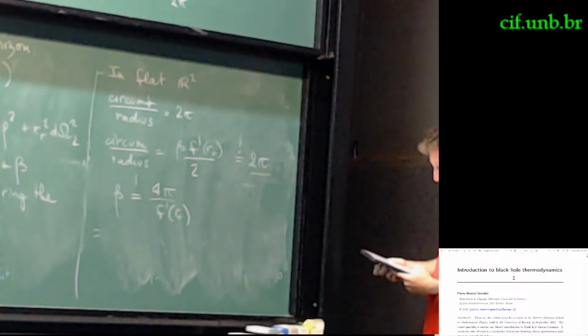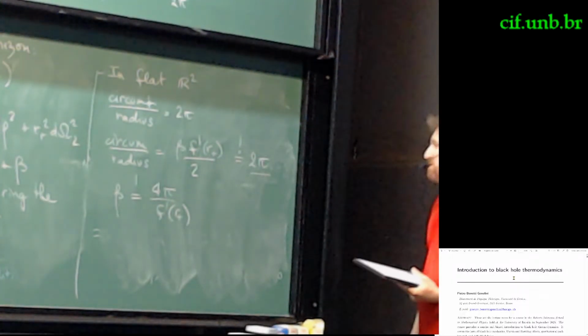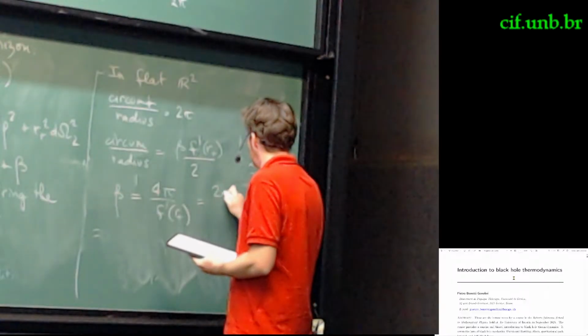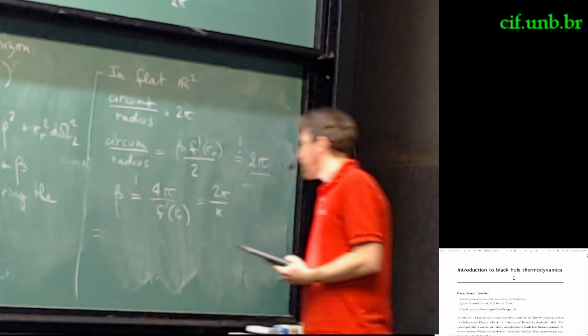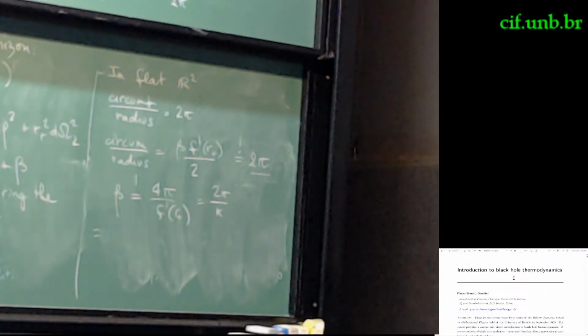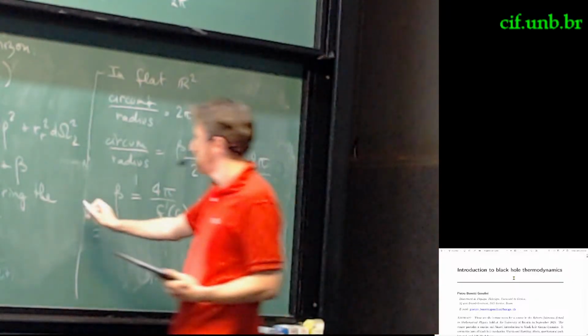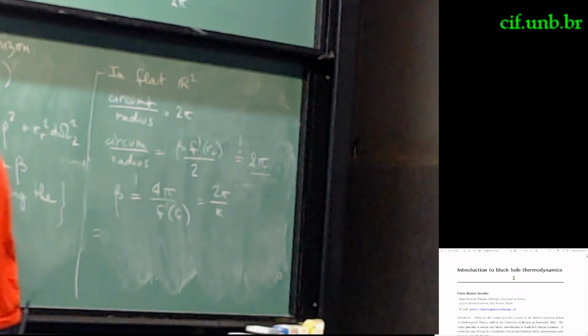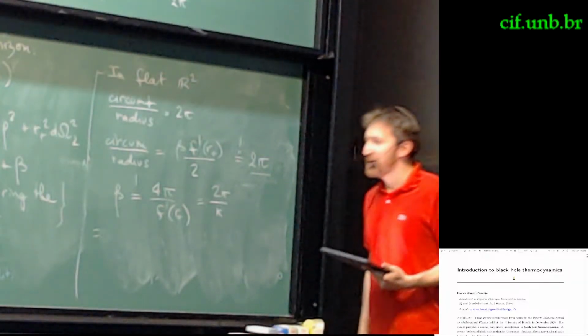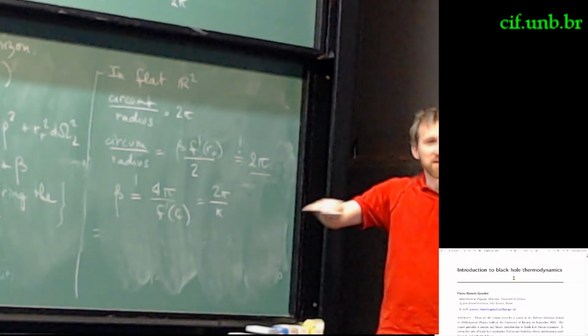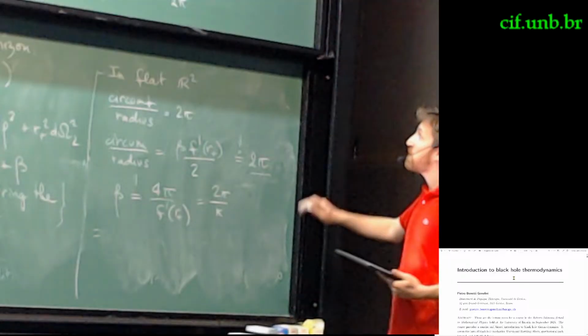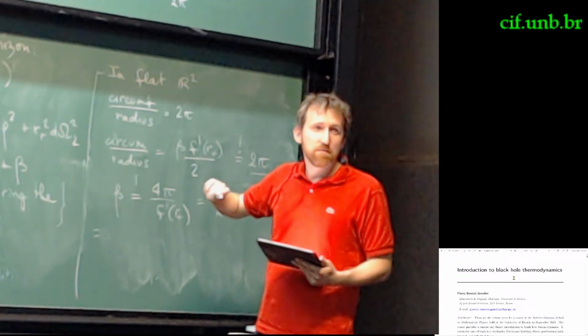Which is also equal to 2 pi over kappa. Why do I impose that this is precisely the identification? At a very simple, naive level, it's because it works for Rindler.